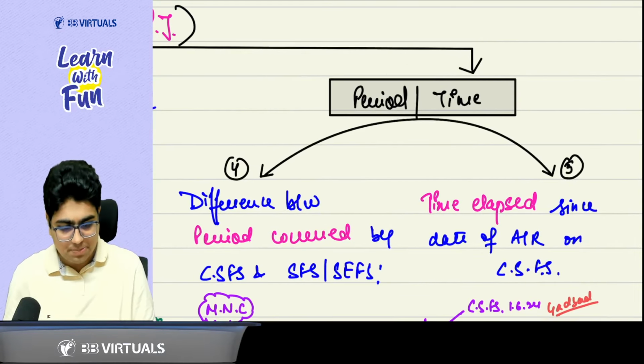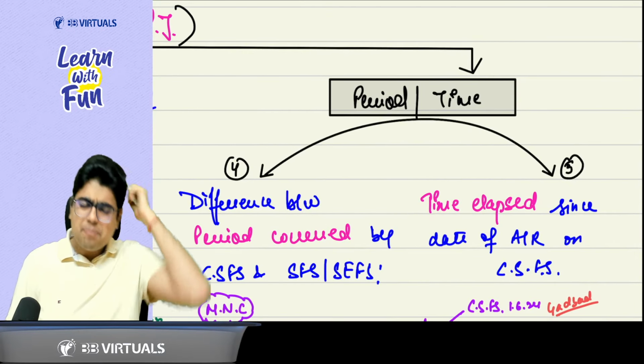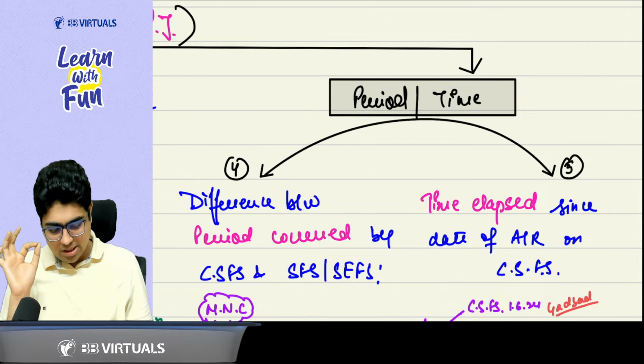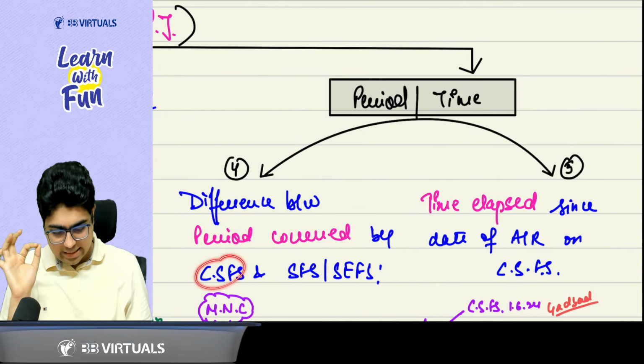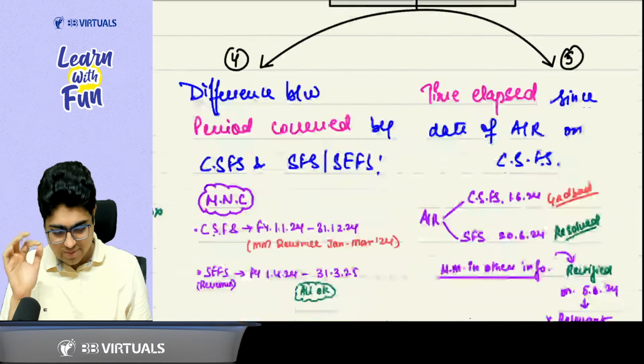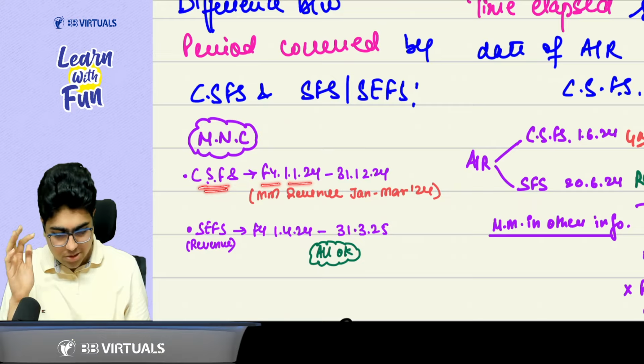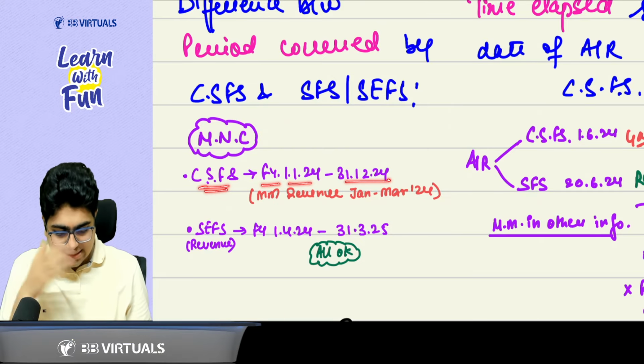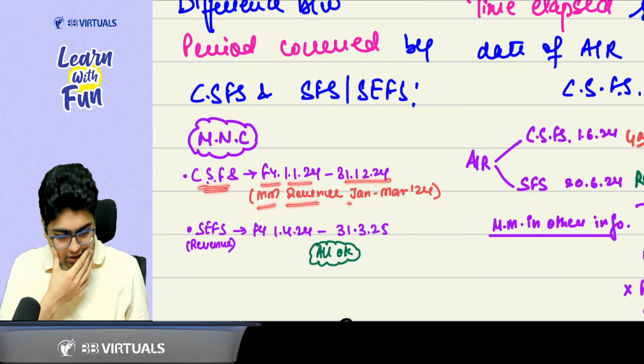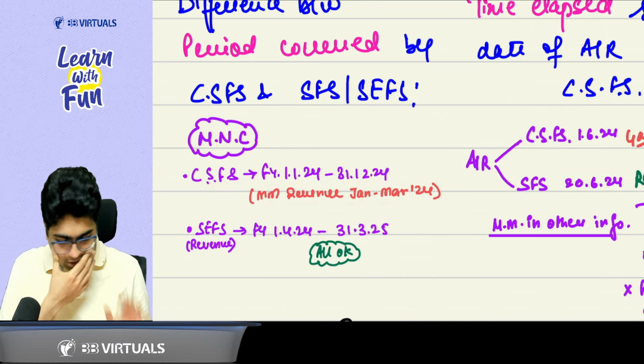Now talking about the next part, period or time. The period point says the difference between the period covered by the complete set and SFS or SEFS. Let's say you are auditing an MNC in which the complete set of financial statements is prepared for the financial year January to December. In this, there is a material misstatement in the revenue for January to March 24. Got it, sir.